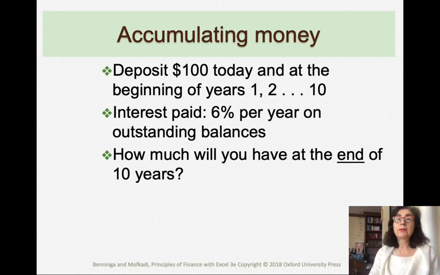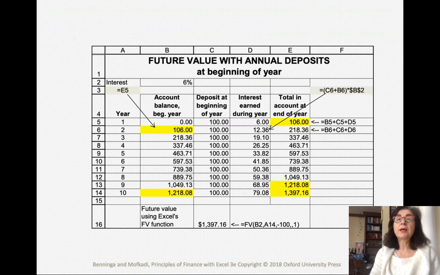So let's look at this example. If we deposit $100 today, and at the beginning of years 1, 2, all the way to 10, and if the interest rate is 6%, how much will you have at the end of 10 years?